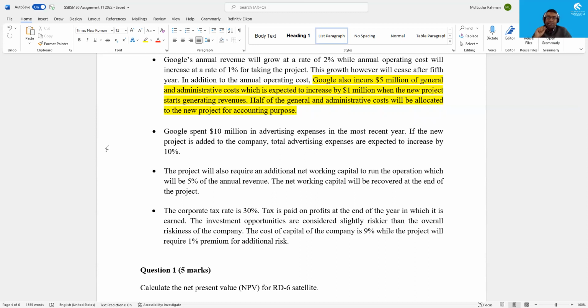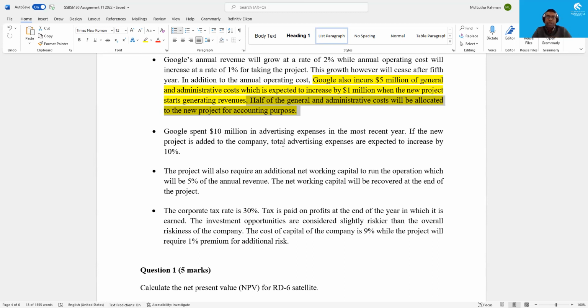Now, the mistake that some of you have made comes from the last sentence. Half of the general and administrative cost will be allocated to the new project for accounting purpose. We also discussed this point that each project will bear some of the operating costs, right?